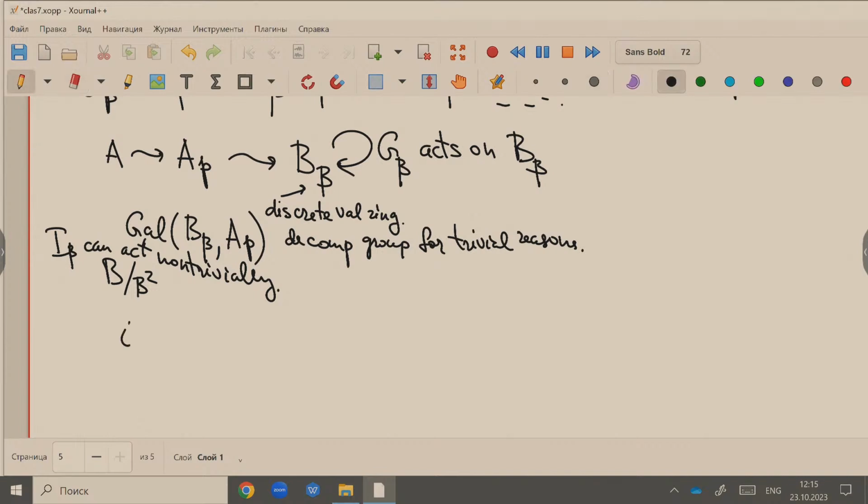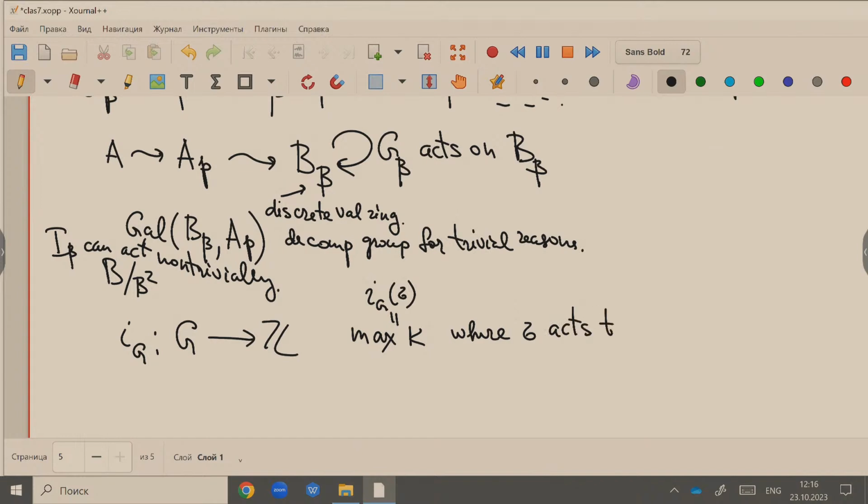Let me call it i_G. i_G is a function from G into the integers, and it is just the following: for the element sigma, it is the maximal k where sigma acts trivially on B modulo beta to the k plus 1.